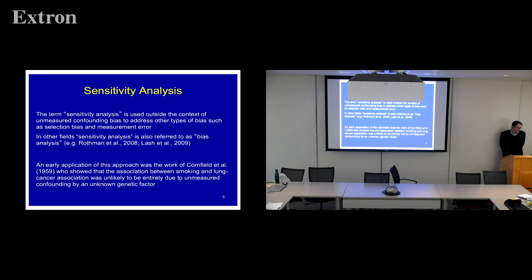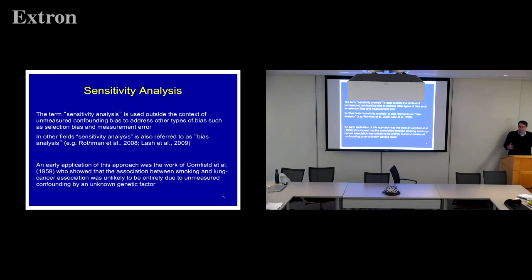An early application, and one of the earliest theoretical results for sensitivity analysis, was by Cornfield et al., who showed that the smoking lung cancer association was unlikely to be entirely explained by an unmeasured confounder.